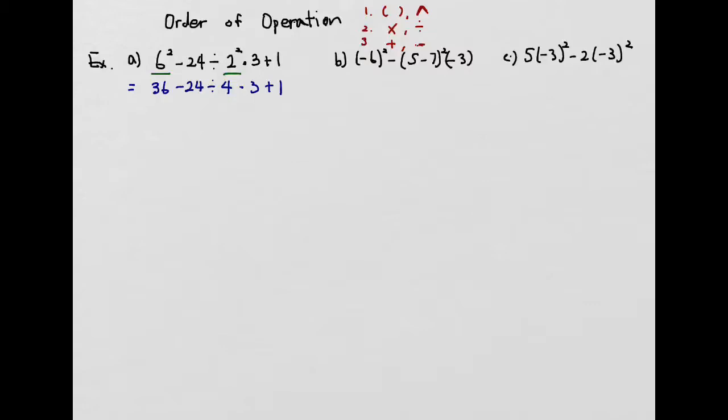So we're going to do negative 24 divided by 4 first. Then you're going to get 36, negative divided by positive is negative, 24 divided by 4 is 6, times 3 plus 1.